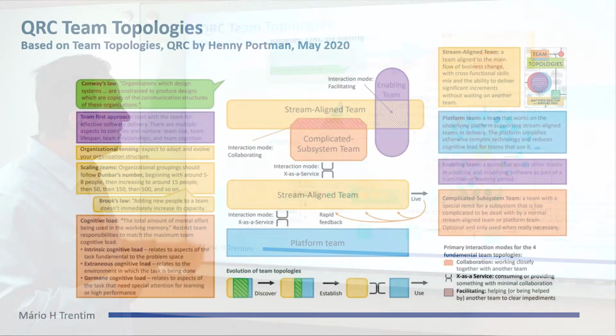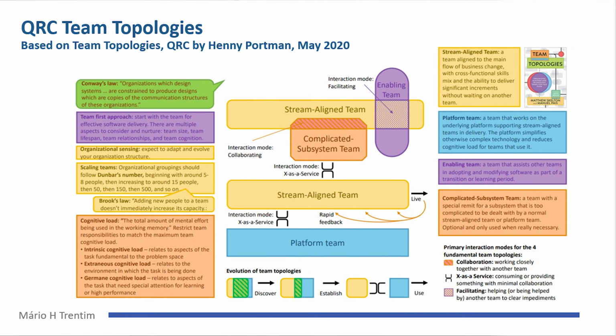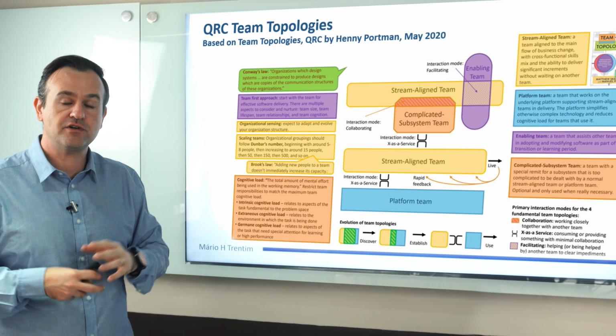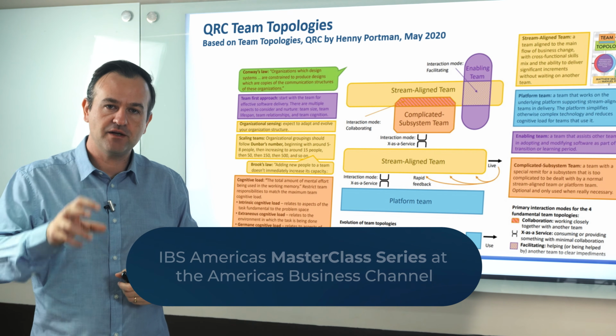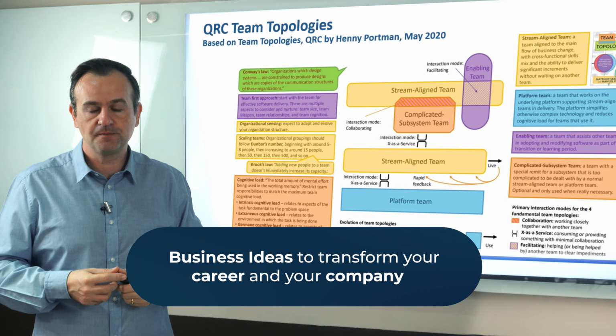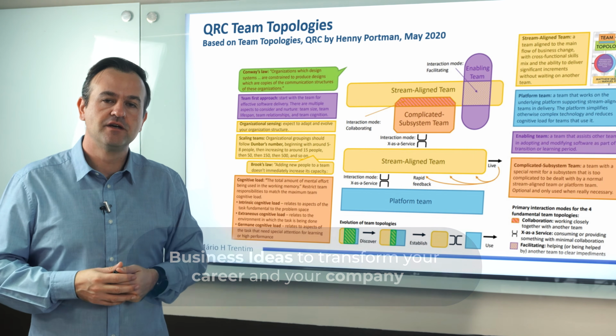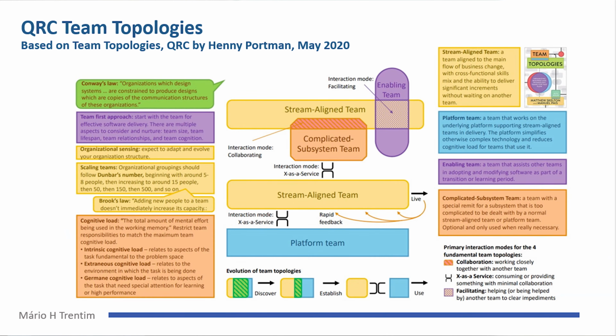So to define that, this is a summary of the book Team Topologies. This is a very interesting book, with innovative ways of defining what your teams are going to do and what the tools are that you need for these teams. It is a book based on agile organizations and very innovative organizations.